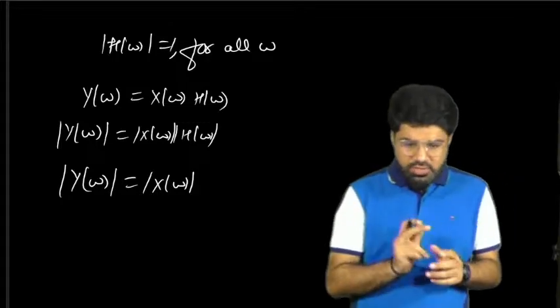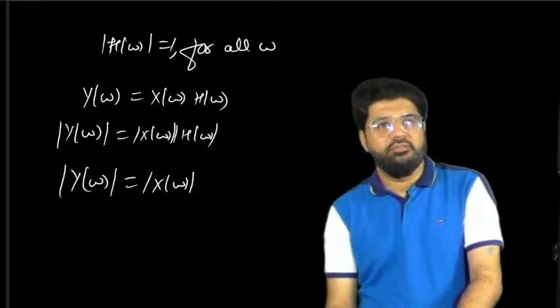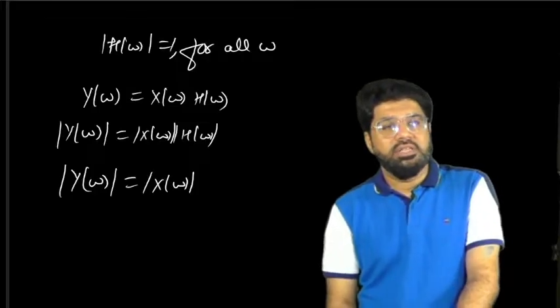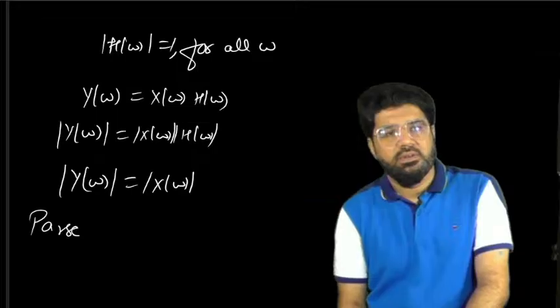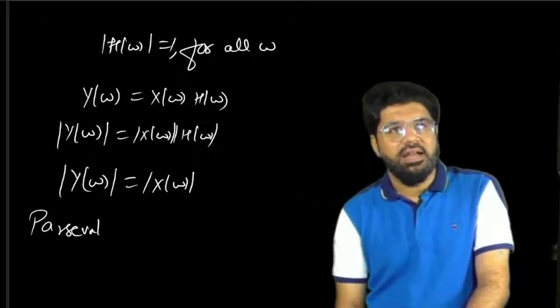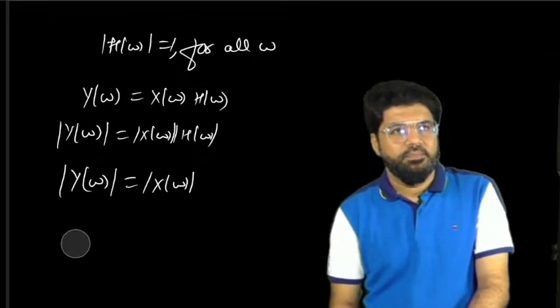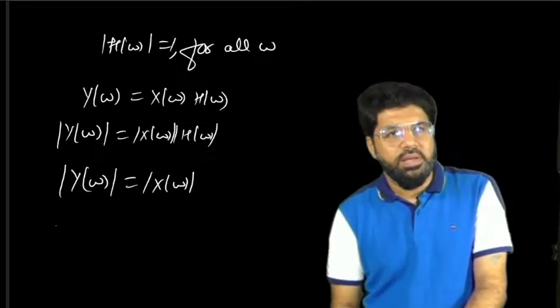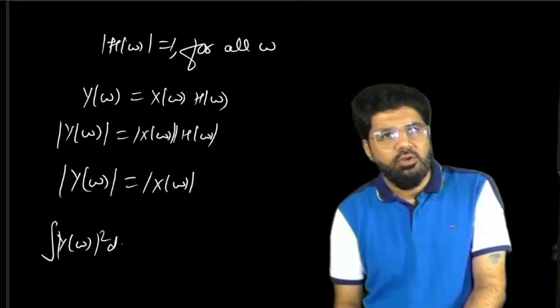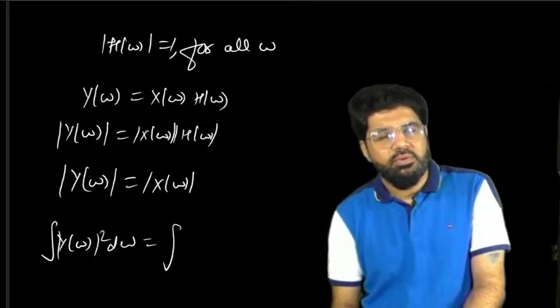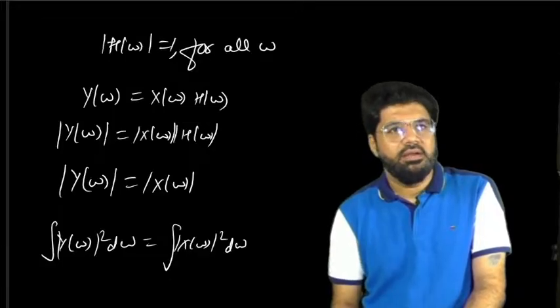Now, if this is the correct information, then as per Parseval's relation, if both the spectra are equal, then integral mod Y omega square d omega is equal to integral mod X omega square d omega.